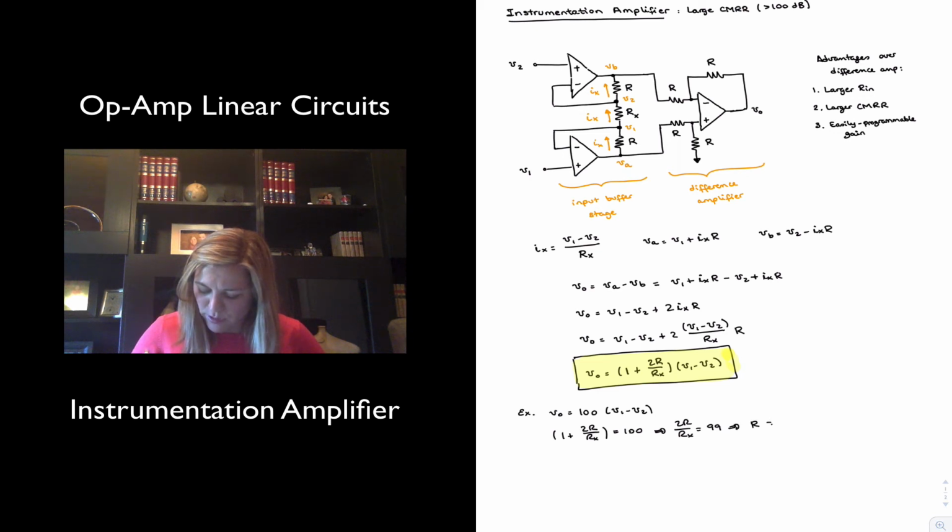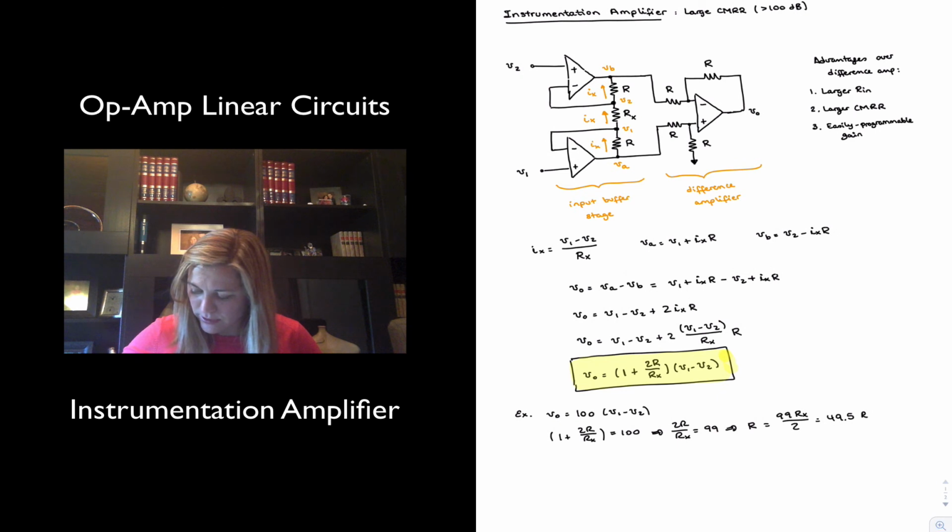And therefore, my R is going to be equal to 99 Rx divided by 2. So I can pick a value for R. That will be 49.5 Rx. So I can pick my values.